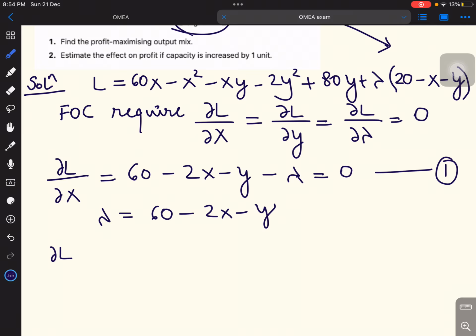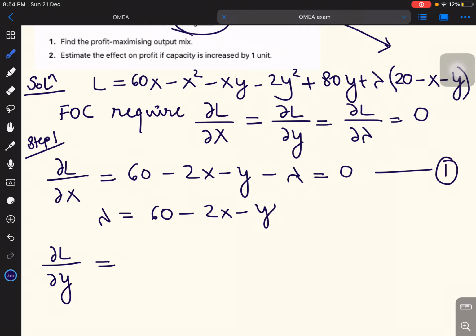Next is delta L by delta y. So this is step 1. And in the exam, always write clear steps and clear formulas, because you get marked for everything.